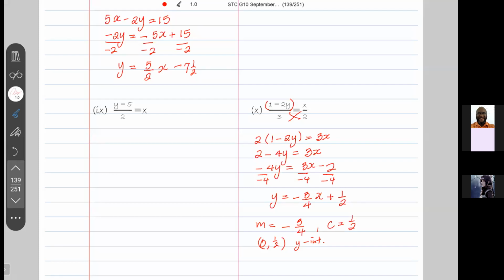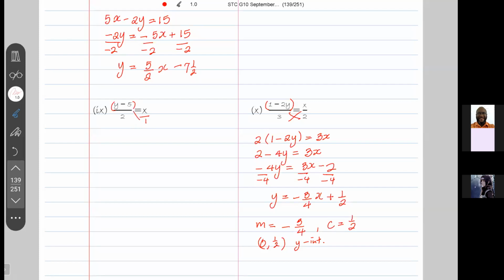All right, so next, the last one we're going to look at is IX. First, I'm going to put x over 1. If I have one fraction equal to one fraction, I'm going to cross multiply. I put the y minus 5 in brackets because whenever you're going to multiply a sum or a difference, you should put it in brackets.